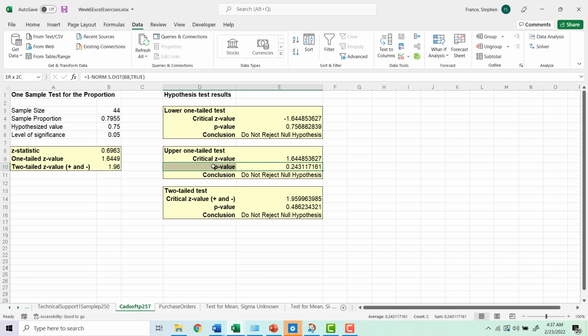Again, the easy way of doing it for all tests: the p-value is greater than my alpha, my level of significance, so we fail to reject. And if we fail to reject for the one-tail, we'll fail to reject for the two-tail, because if 0.696 is less than 1.645, then it's obviously less than 1.96. And our p-value for the two-tailed test is double the p-value for the one-tailed test. So again, we do not reject.